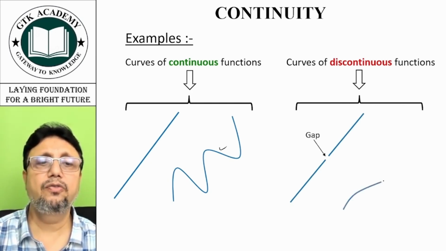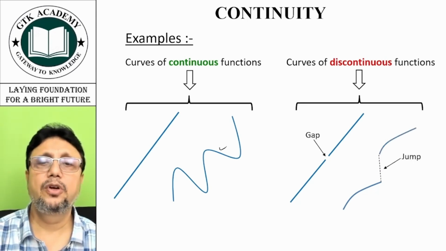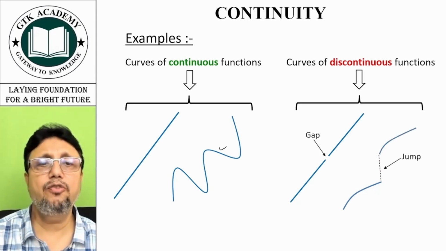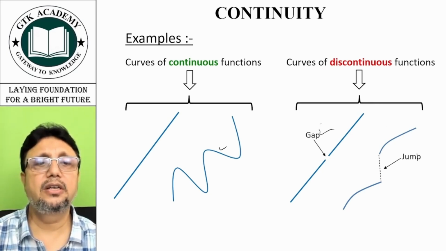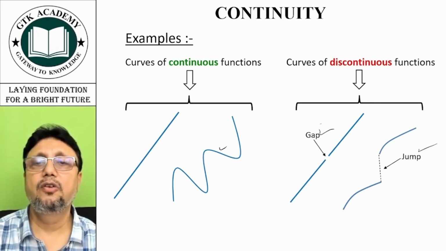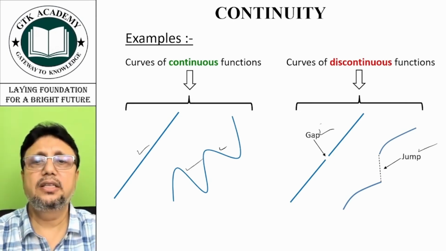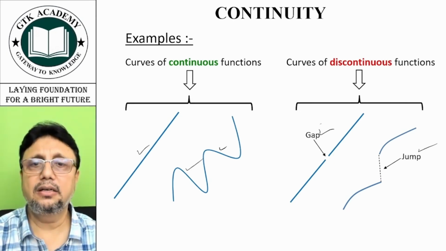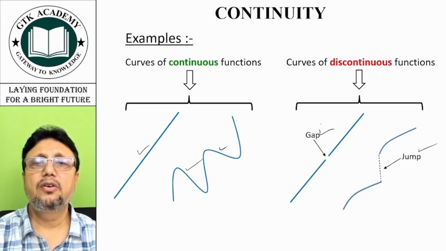Or the curve is coming like this and then there is a jump, so both are cases of discontinuous functions, whereas these cases are continuous functions. This is our depiction by the graphical method.